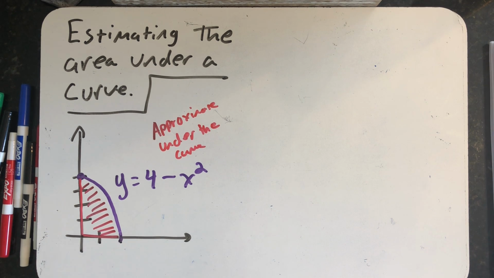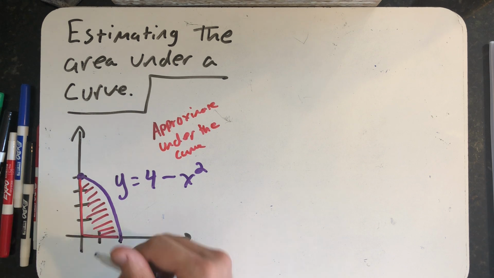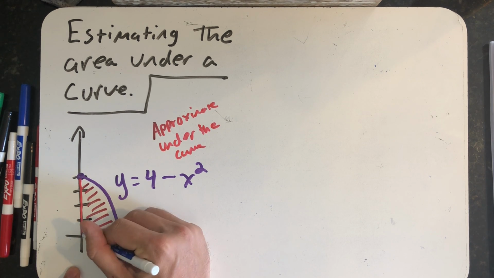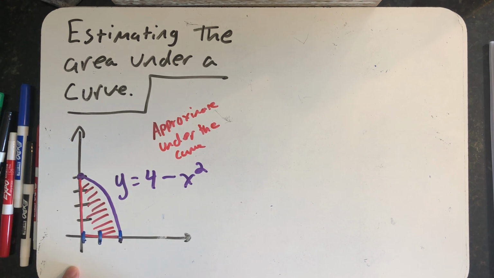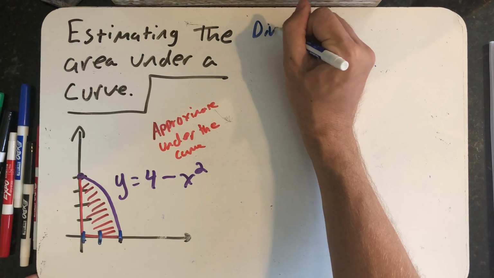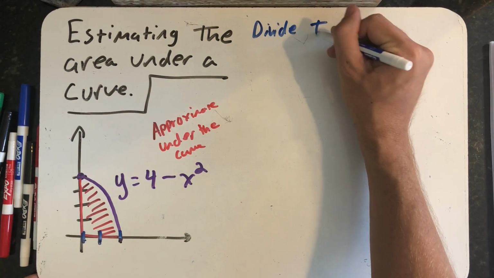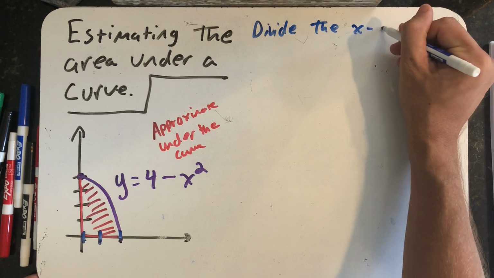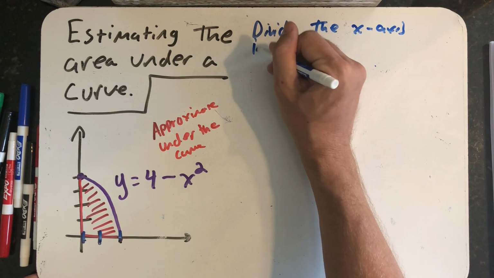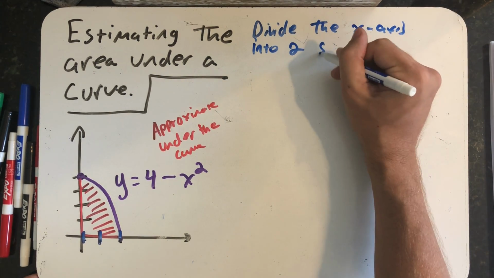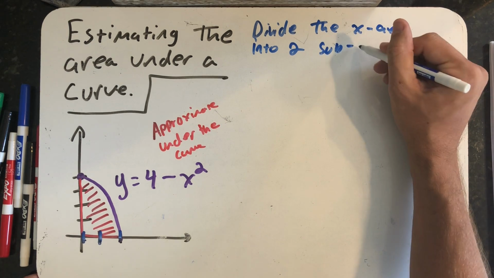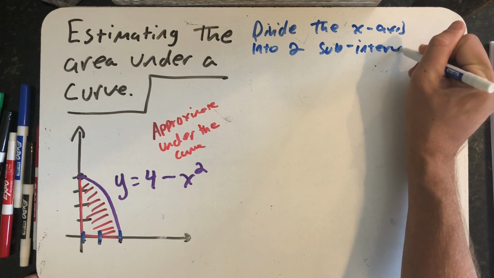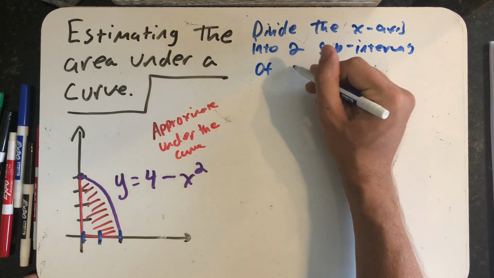So I want to start off by imagining that I'm going to divide the x-axis into two subintervals of equal width.